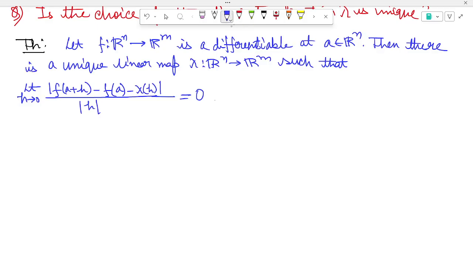That is what I'm saying. The choice of lambda, or Df(a), is unique.